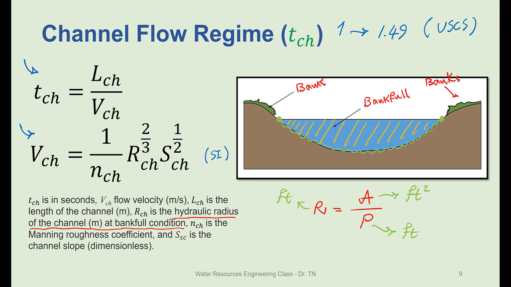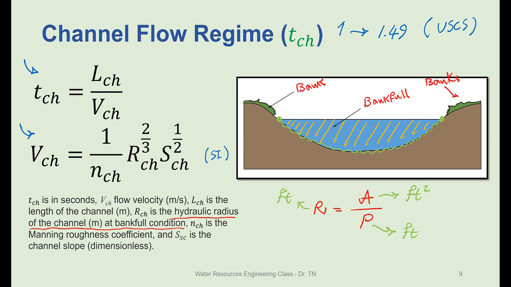Now, the question is, you all know that if you have a channel, the channel has an irregular cross-section. If you have surveyed data for the cross-section, you can enter that. If you have a digital elevation model that gives you the channel cross-section, you can enter that. Or sometimes it is acceptable to assume a shape for your channel.